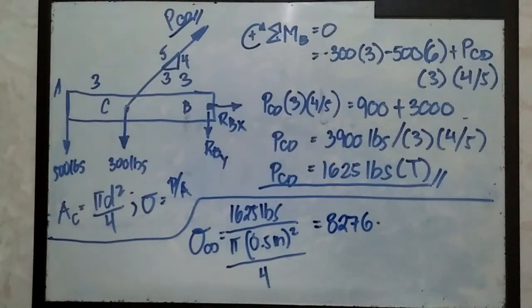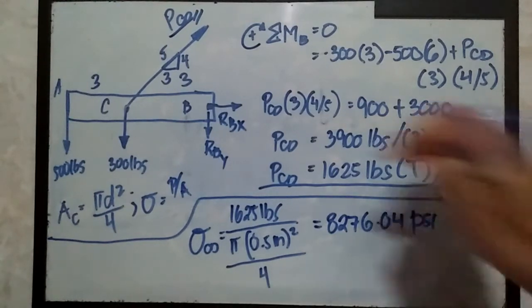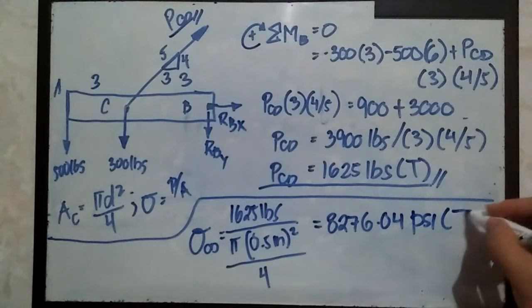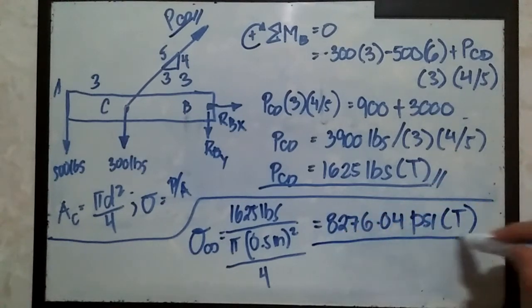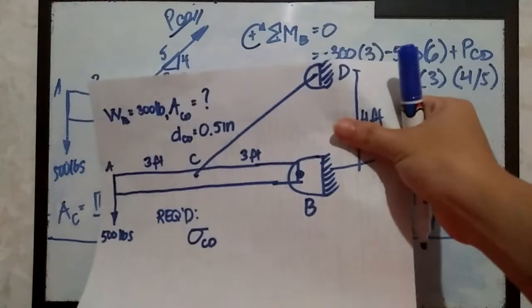As much as possible, you should round it off to 2 decimal places. 0.04 psi in tension. So this is the actual stress that is being imposed in our cable CD from this problem.